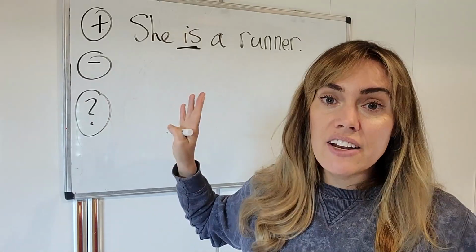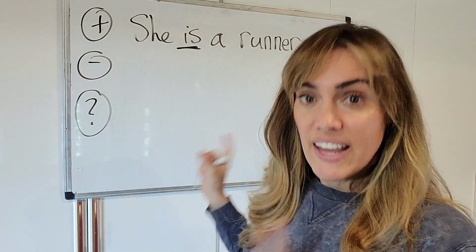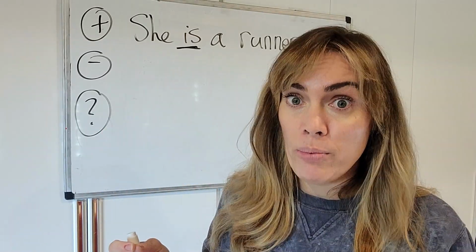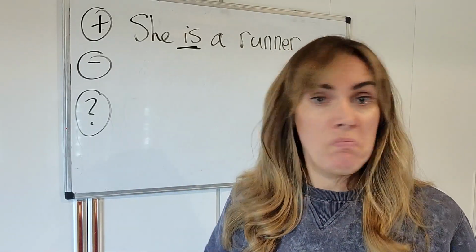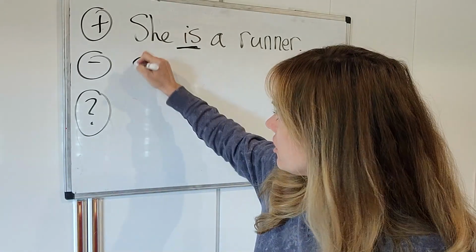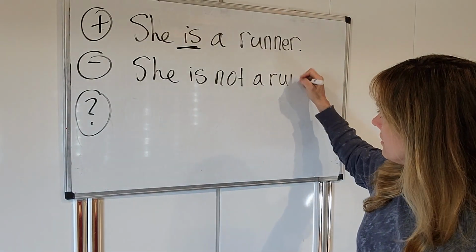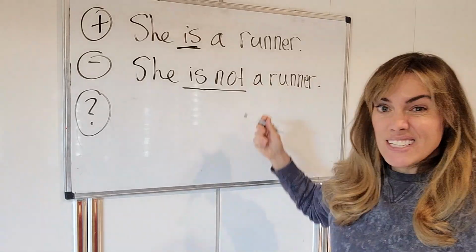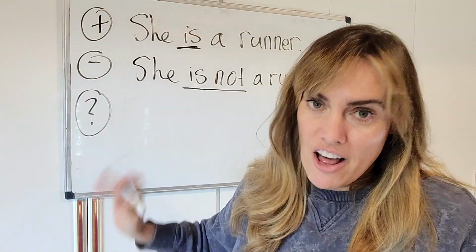Maybe that's not the technical way to explain that, but if you have the verb be in your sentence already, you don't need to add another helping verb to help you make it negative or a question. All you got to do is add not. So, she is not a runner. She is not. That's it. Isn't that easy? But too bad most of English is not like that.